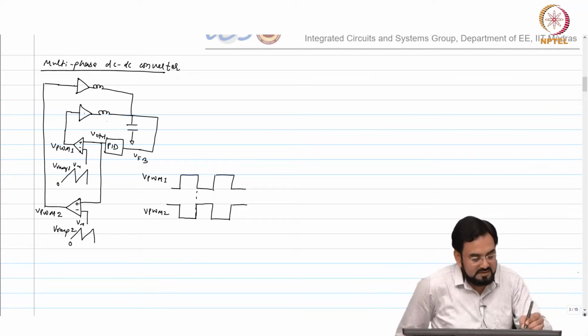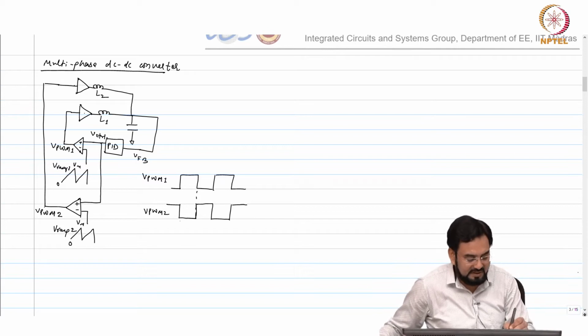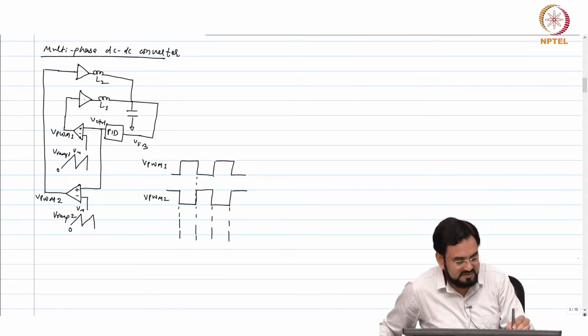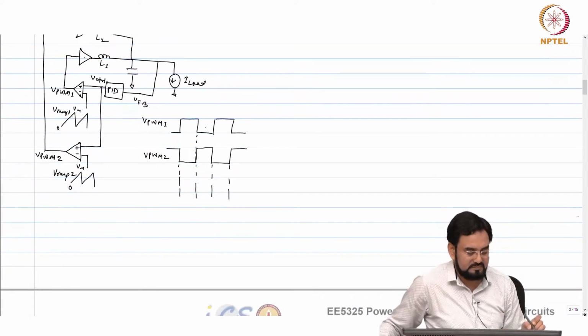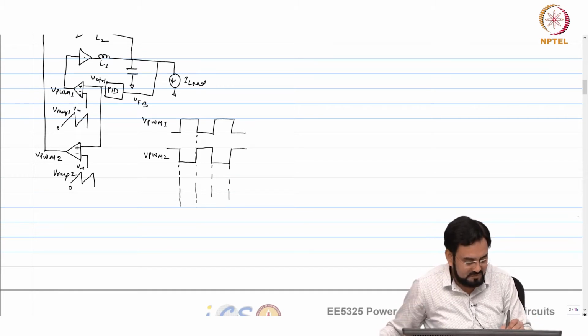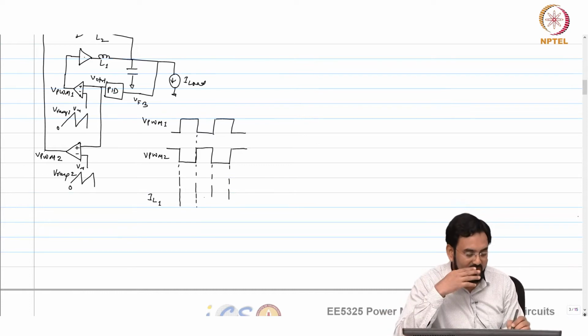So if this is L1 and this is L2, what will be the currents? How the current will look like? So if this is load, let's say I load, IL1 will be rising or falling during this time?